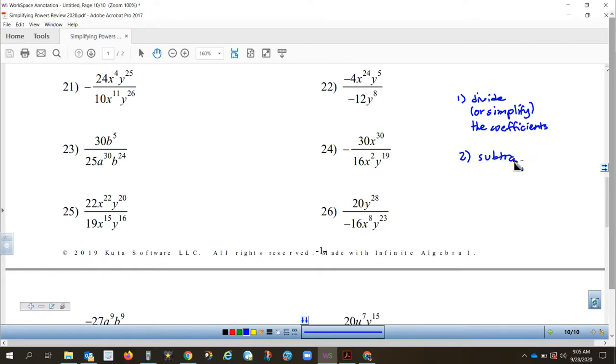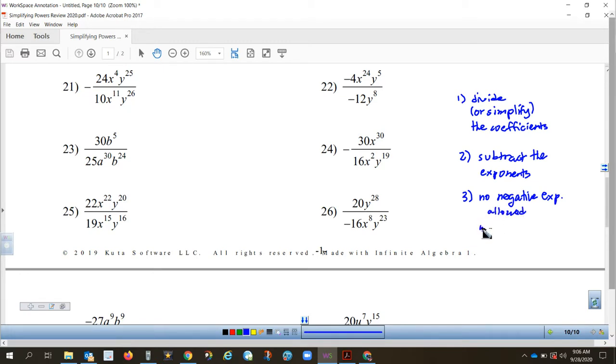We subtract the exponents. Okay, but remember, no negative exponents allowed. So what do we have to do?